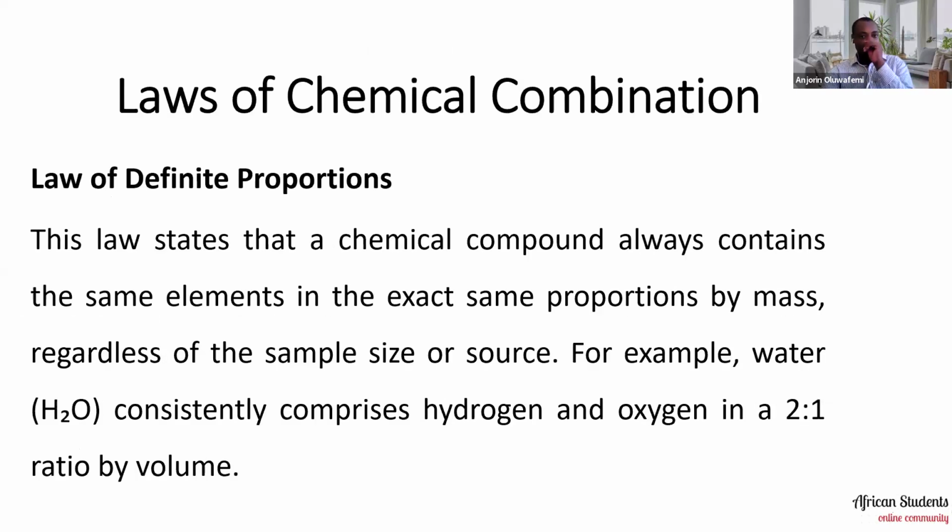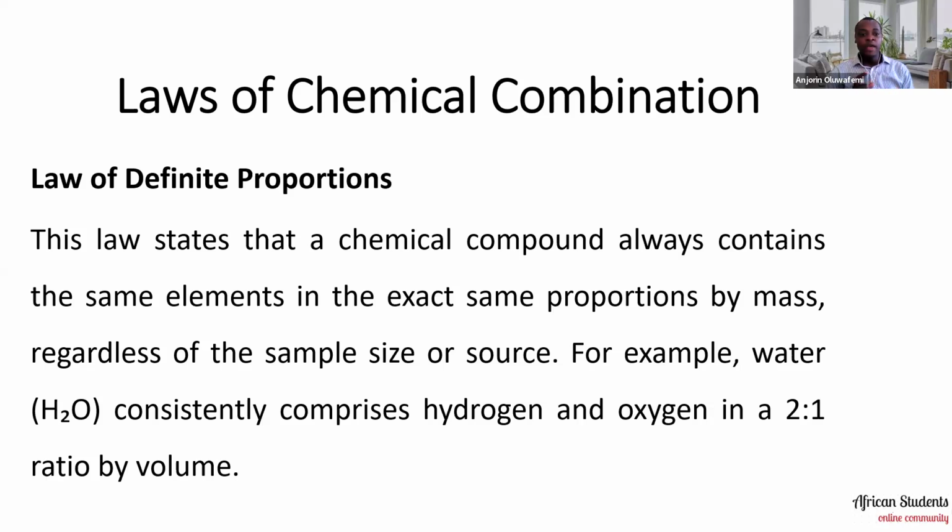Let's look at the first law, the laws of chemical combination. The first law that we want to look at is the law of definite proportion. What does this law state? It states that a chemical compound always contains the same element in the exact same proportion by mass, regardless of the sample size or source.